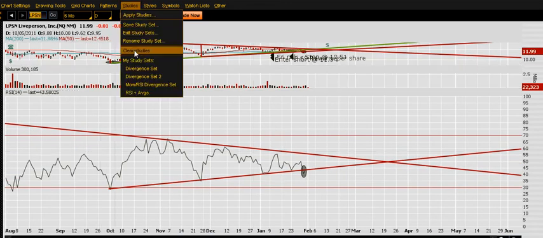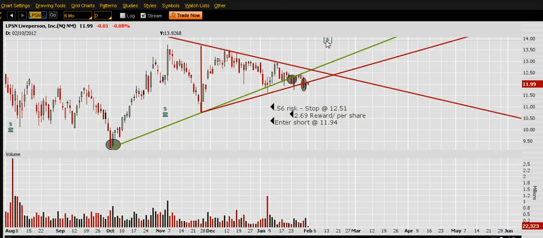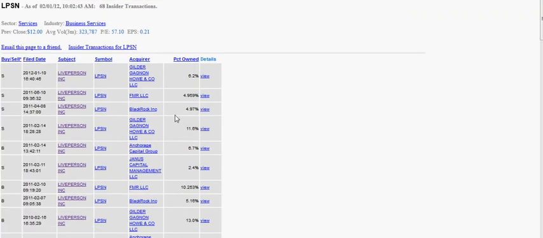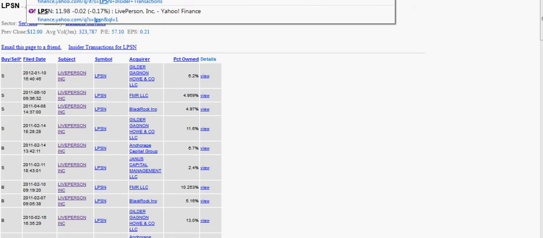Now, things to keep an eye out for: they do have earnings on February 13th, but in all honesty, from looking at what's going on, well, first, Insider Cow, we just had a major fund drop 6% ownership of the stock. Funds are normally not wrong, and that's a lot of stock. But Yahoo, LPSN.